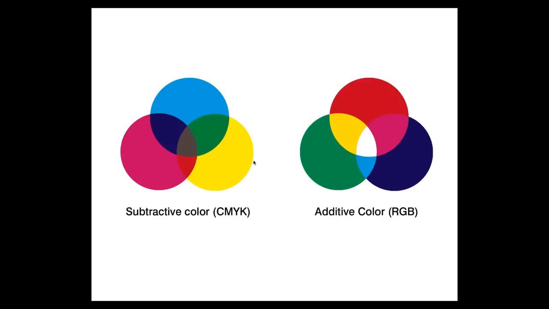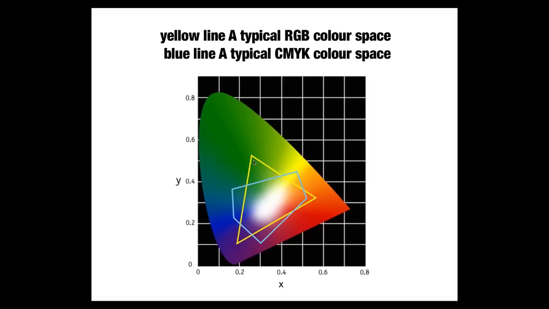You can try that out if you like by opening up one of the design programs and selecting an RGB color and then converting the actual document space from RGB to CMYK, and you will see a significant shift on screen anyway. And it will shift again once you actually print that document out as well. So that's production limits.